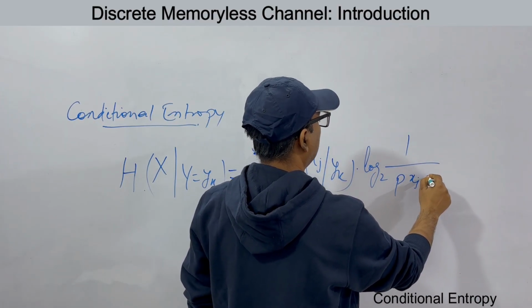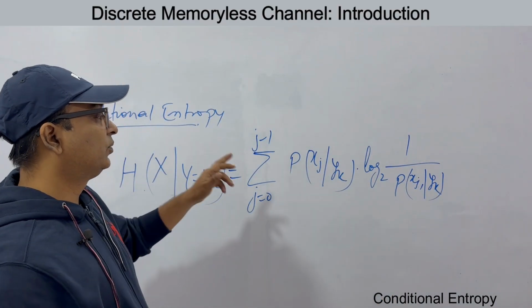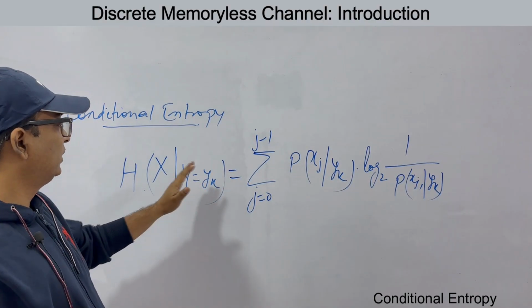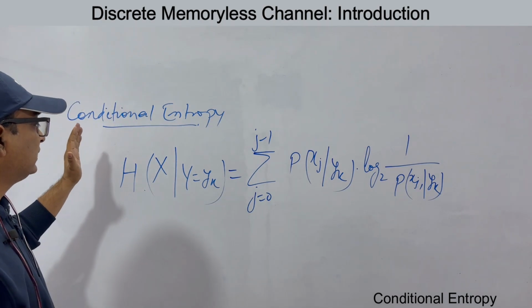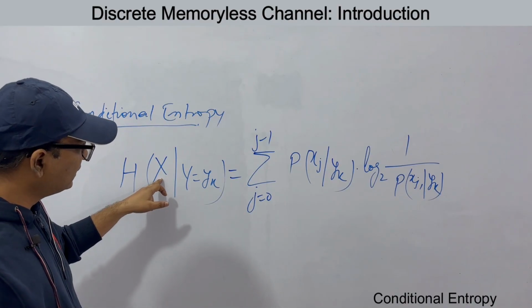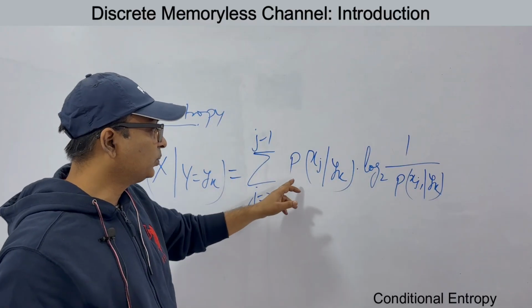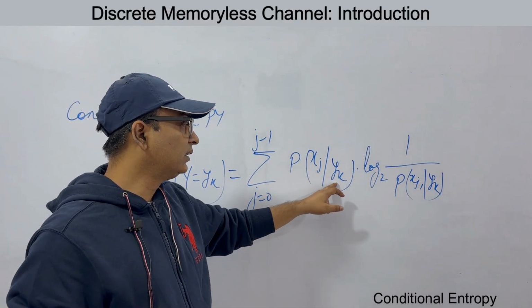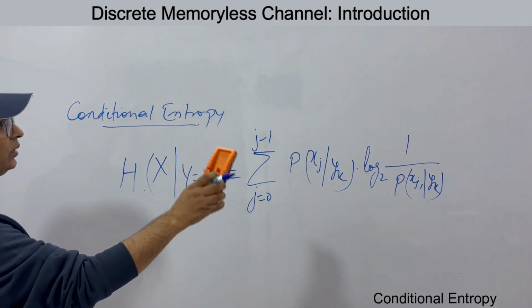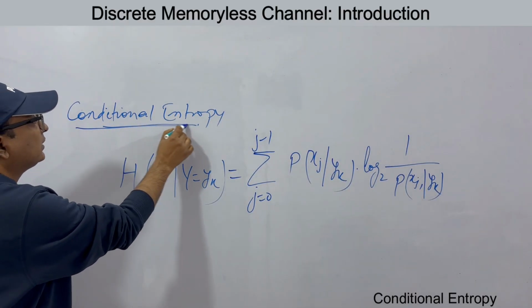If you remember, our information was basically p log 1 by p, that is minus p log p. So it's the same here. The only difference is that this is conditional probability for alphabet X for a given y equal to yk. You should remember this expression by heart. Clear? This is called conditional entropy.